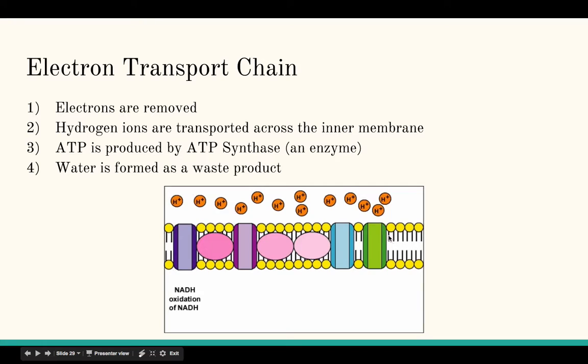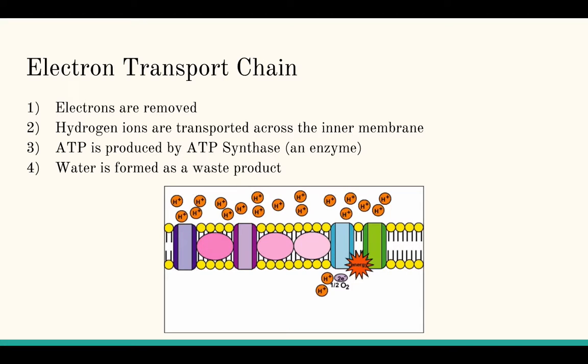And so that's an enzyme that, along with all these others, creates and speeds up the reaction of ADP to ATP. As a result of this electron transport chain, water is a waste product. So you'll see that appear at the bottom of the animation. Water is a waste product in this.